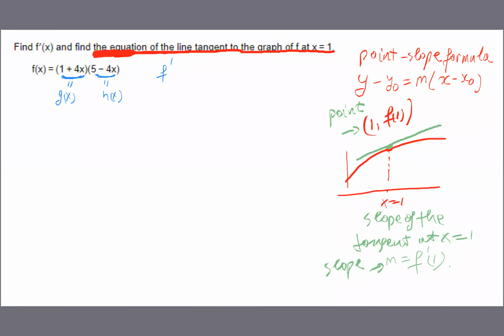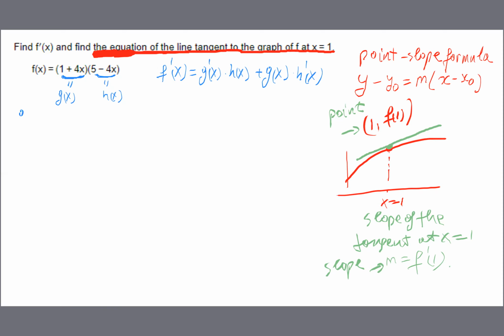And f prime of x is g prime of x times h of x plus g of x times h prime of x. We did this before, so I'm going to do this again here just to review the product rule. But if you wish, you can simplify this first, meaning FOIL this and then use the power rule in order to find the derivative.